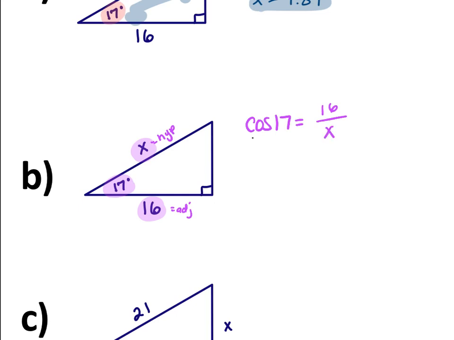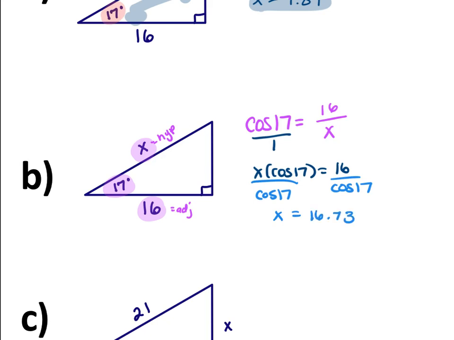When the variable's on the bottom, I'm going to put these both over 1 so I can cross multiply and then divide. And 16 divided by the cosine of 17 is 16.73.